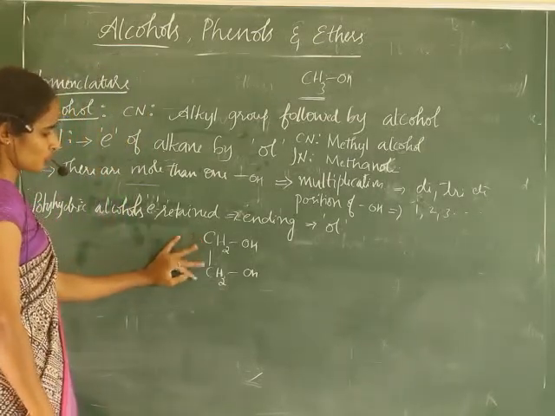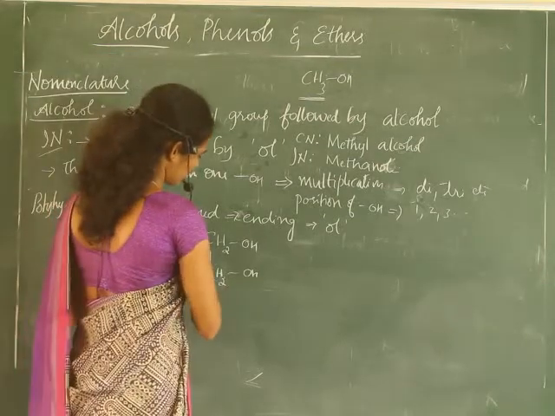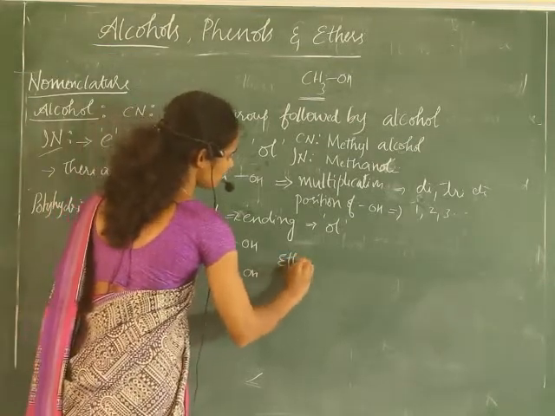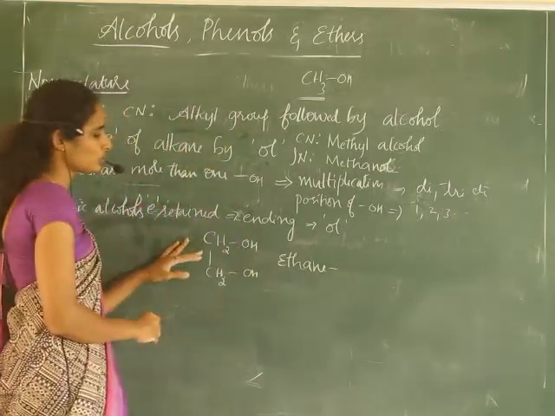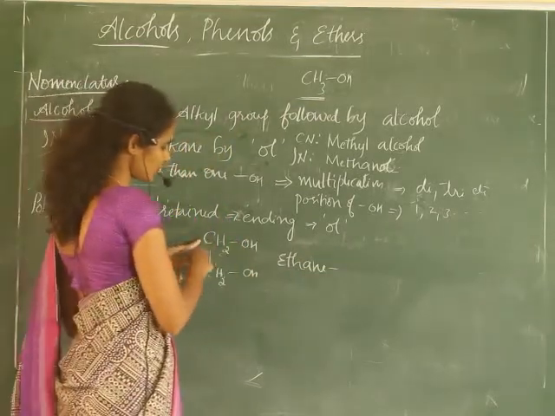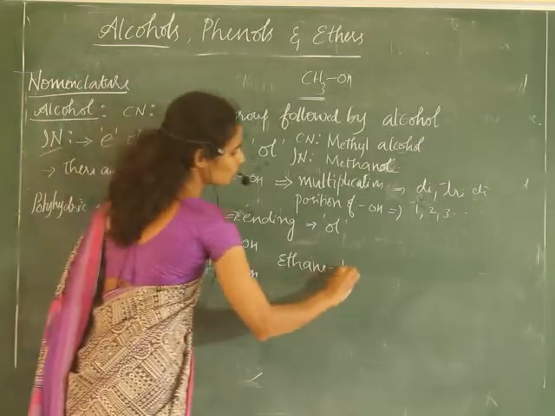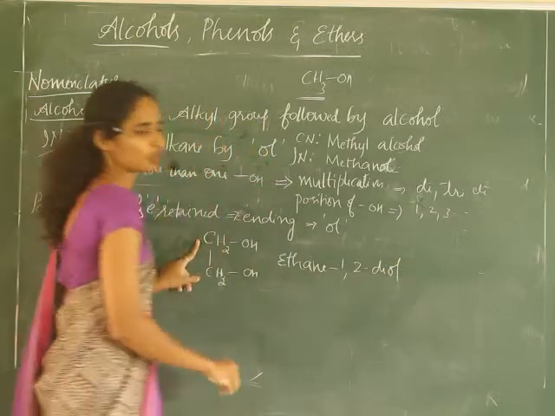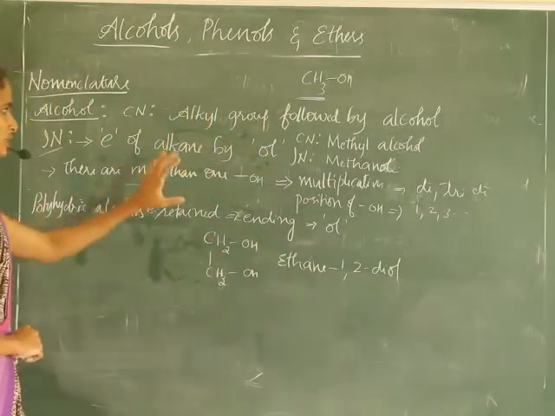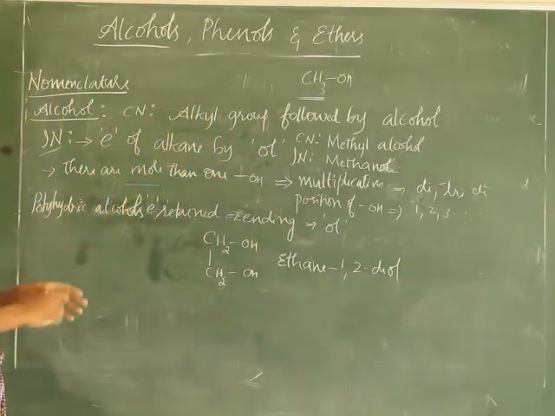Two carbon atoms are there, hence ethane. At what positions are the OH groups? In the first and second positions, that is ethane-1,2-diol, right? So this is about nomenclature of alcohols.